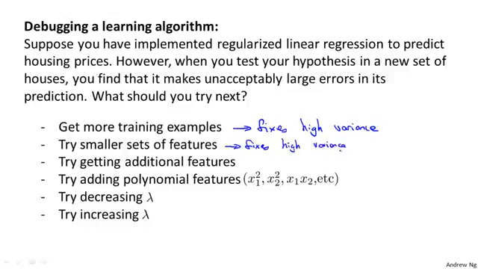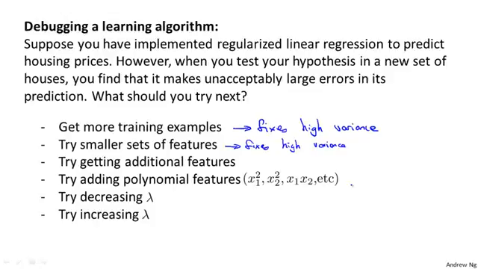In other words, if you figure out by looking at learning curves or something else that you instead have a high bias problem, then for goodness sakes, don't waste your time trying to carefully select out a smaller set of features to use, because if you have a high bias problem, using fewer features is not going to help. Whereas in contrast, if you figure out that you have a high variance problem, then indeed trying to select out a smaller set of features might be a very good use of your time.